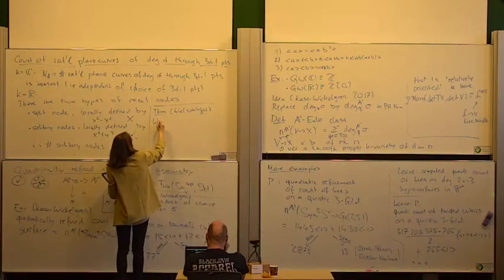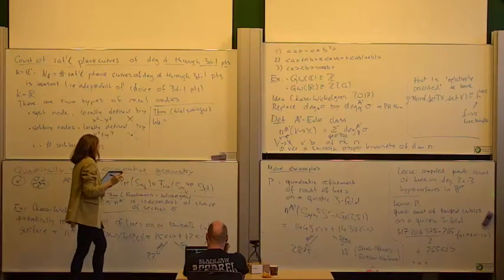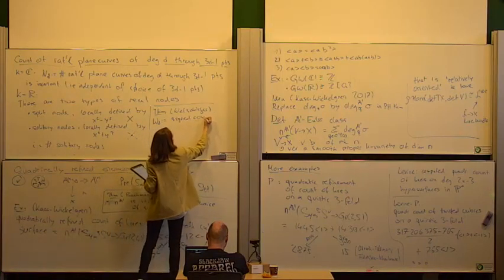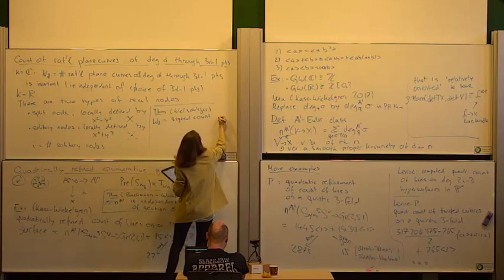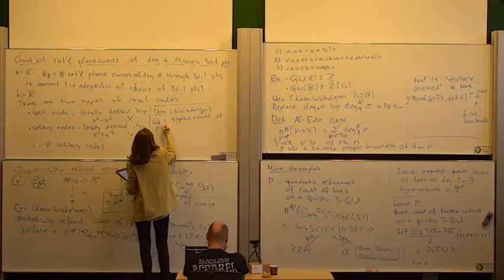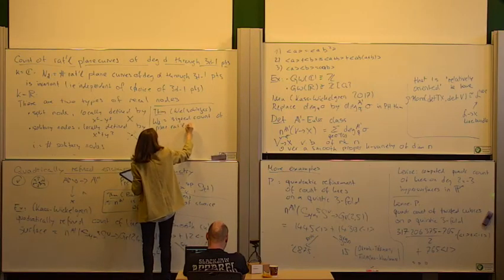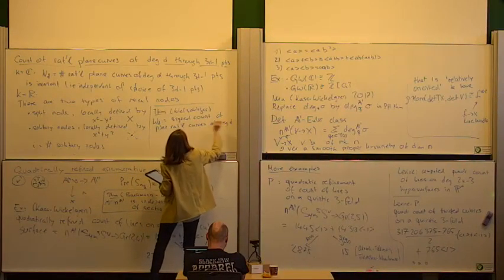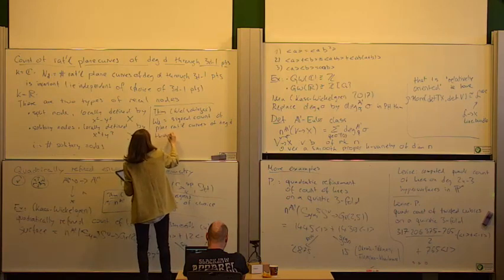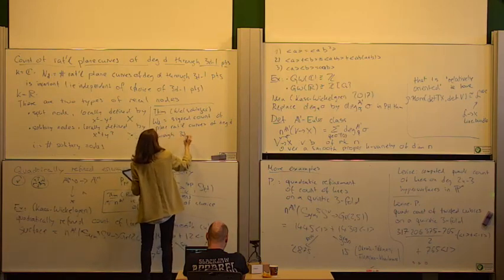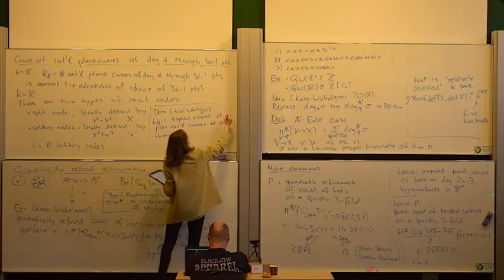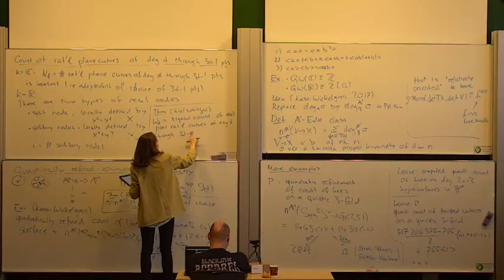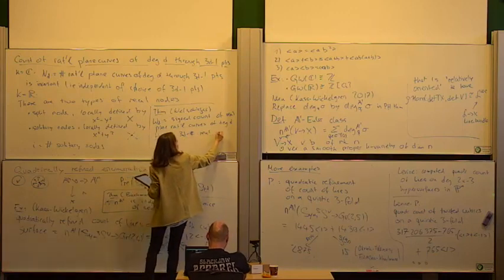Let's call it W, the sign count of plane rational curves of degree D through 3D minus 1, also real points.